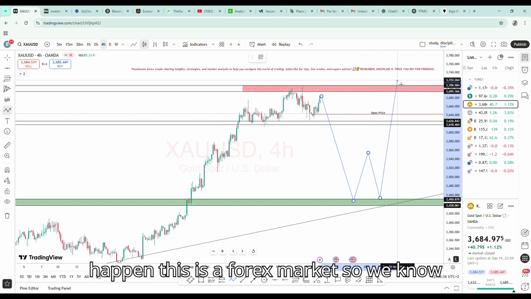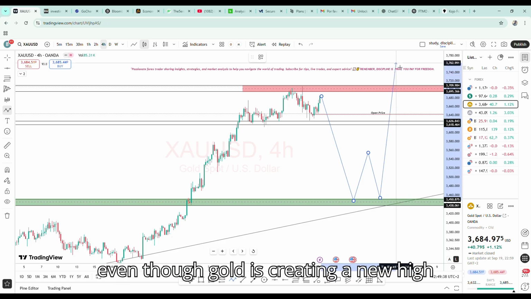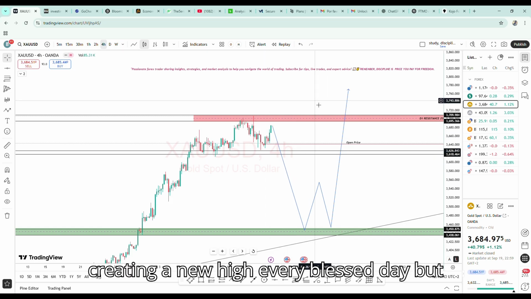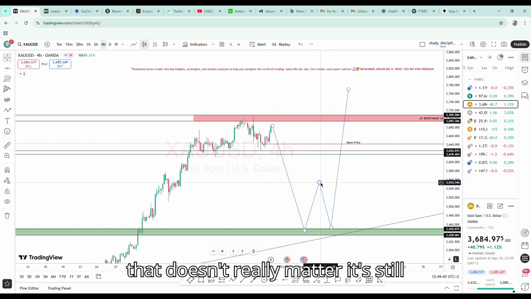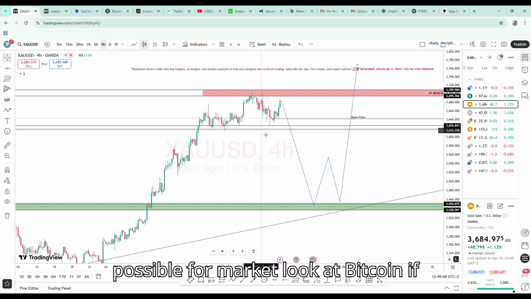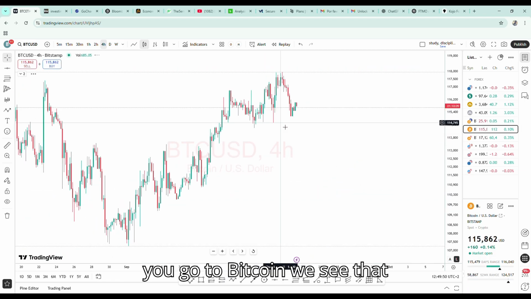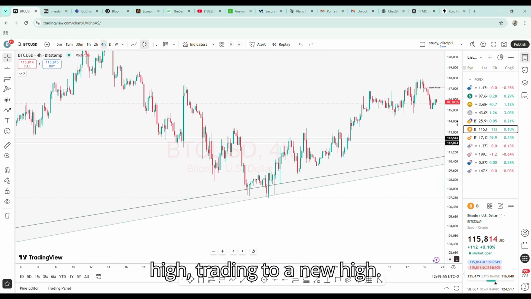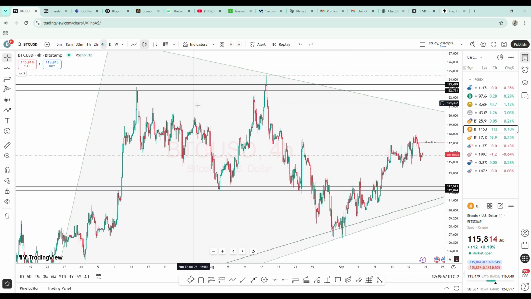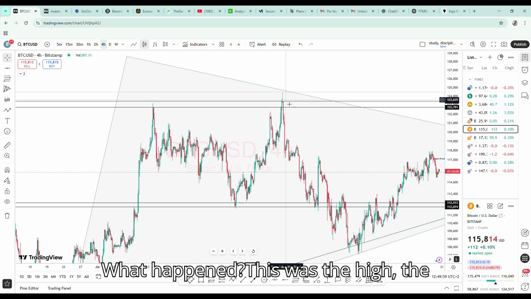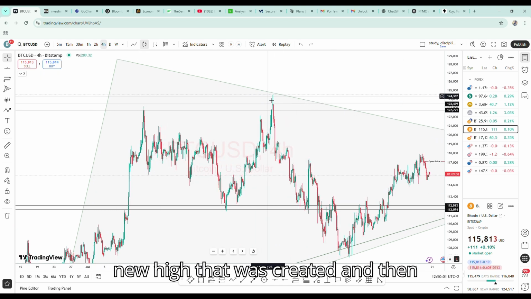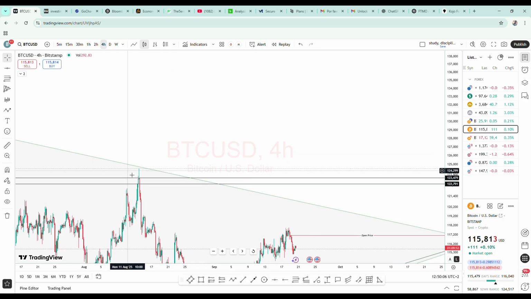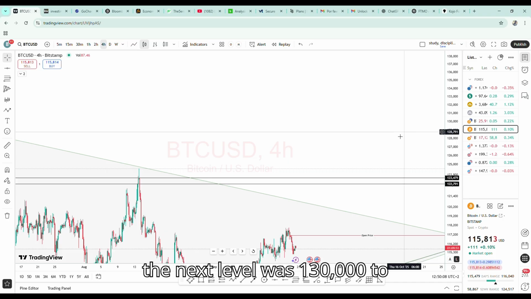This is a forex market. Even though gold is creating a new high every blessed day, that doesn't really matter. A pullback is still possible. Look at Bitcoin. After Bitcoin created a new high, the expectation for most traders was that the next level would be 130,000 to 150,000.